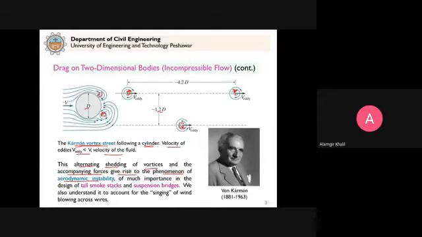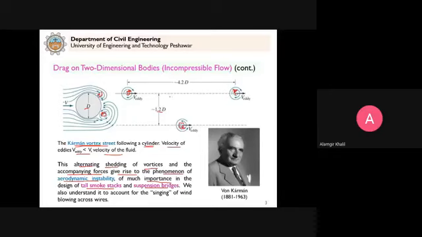And this phenomenon is very much of importance in the design of tall smokestacks. Tall smokestacks means, for example, the chimney, where we have a cylindrical structure and from the top you release the smoke. Like we have a chimney in our department also, you might have observed such structures. Tall smokestacks and suspension bridges, because in suspension bridges the wind flows past the components.